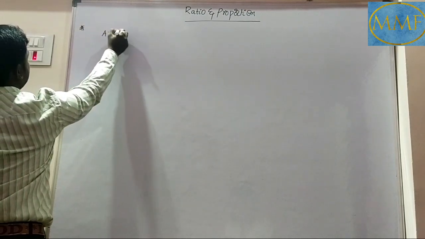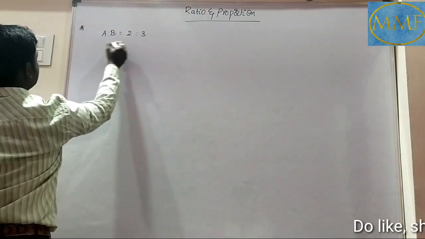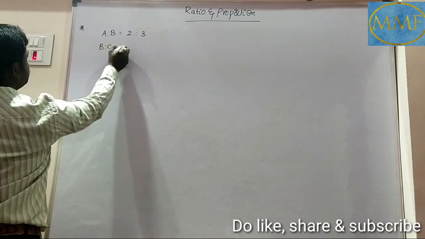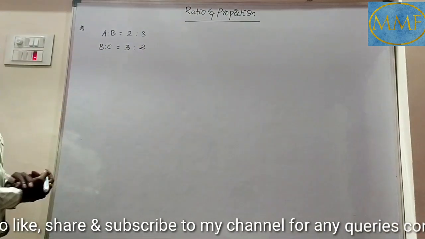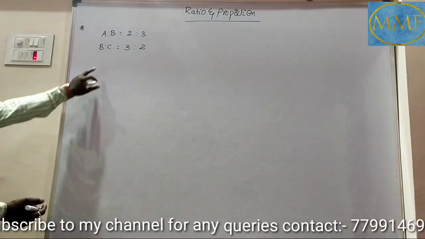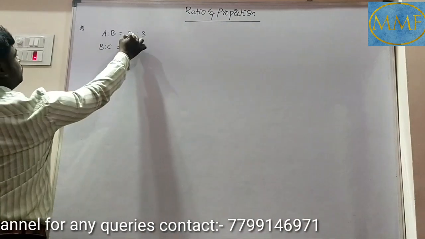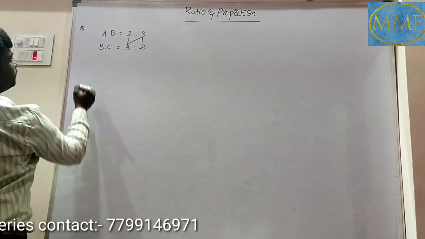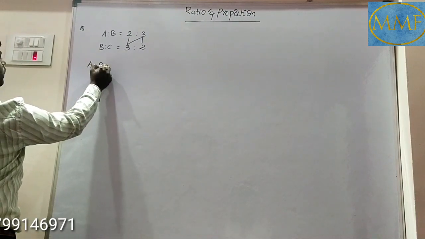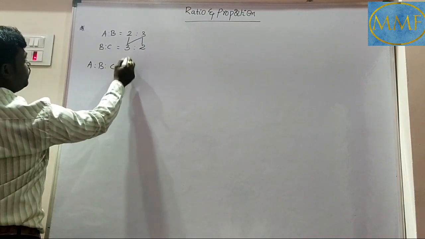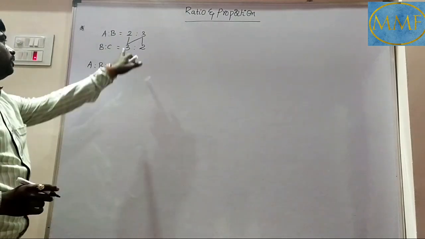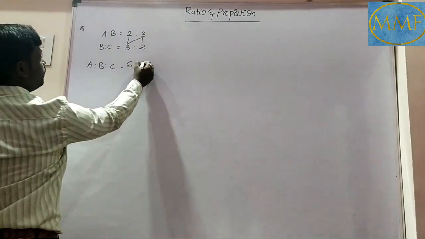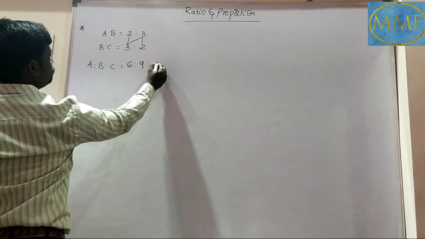A is to B, 2 is to 3. B is to C, 3 is to 2. Now let's see the second method. This is inverted here. Means A is to B is to C, what do we get? 2 into 3, 6. 3 into 3, 9. 3 into 2, 6.